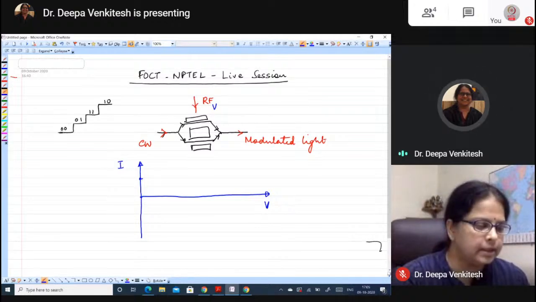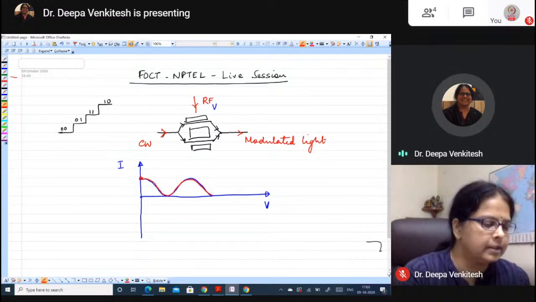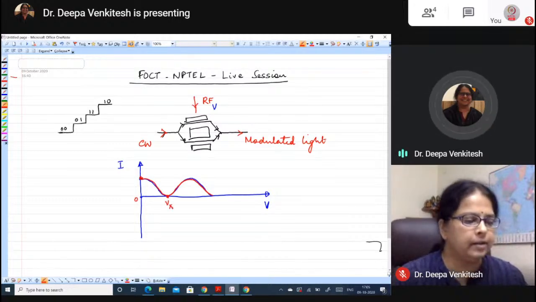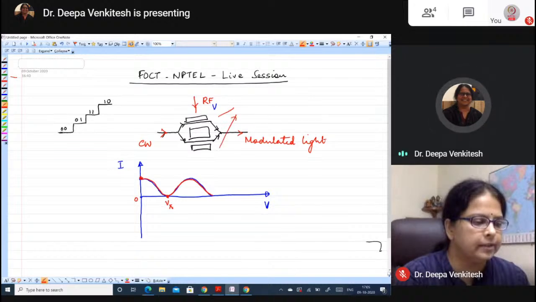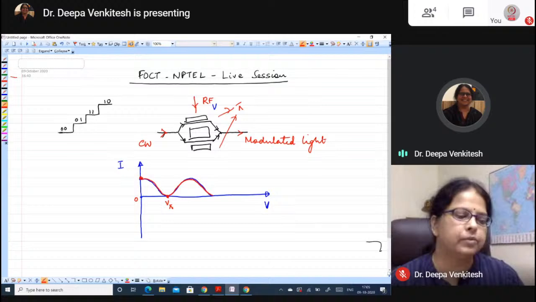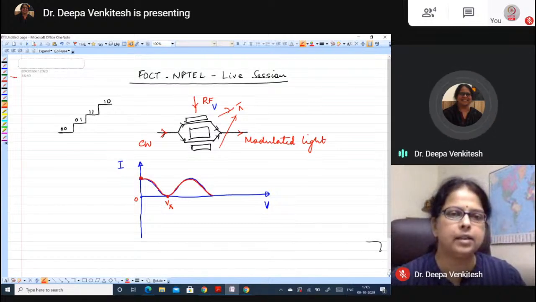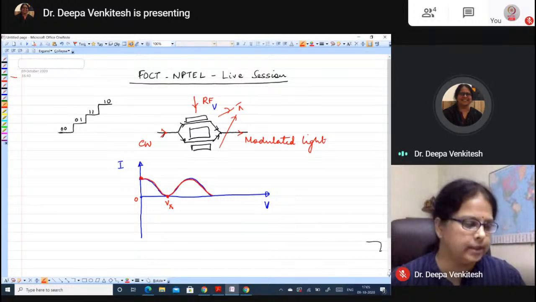But let's say it's an ideal modulator. The intensity transfer function is going to look like this, where this is 0 volt, and if you apply a phase difference of pi between the two arms of the Mach-Zehnder interferometer, you get a null, and that corresponds to 0 intensity.